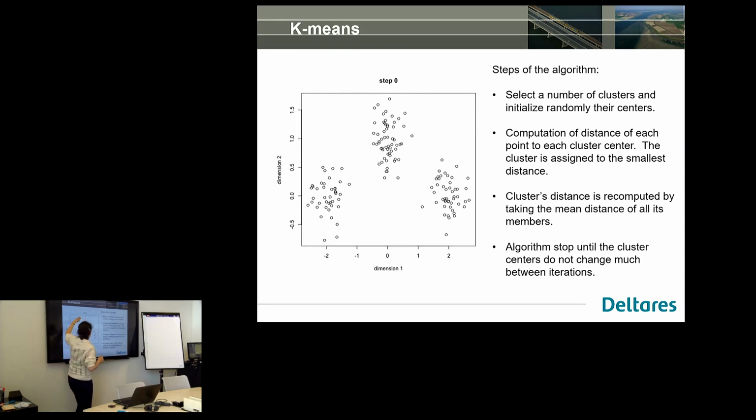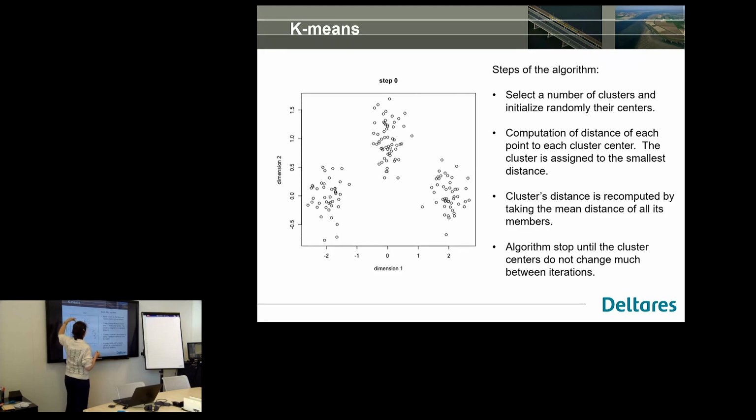So basically in k-means, let's assume that you have three clusters. Of course, most of the time your data is not going to look like this, you are not going to get very nice clusters, but this is an idealistic case.